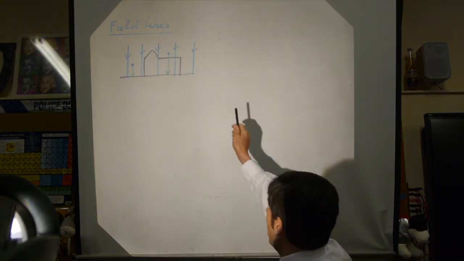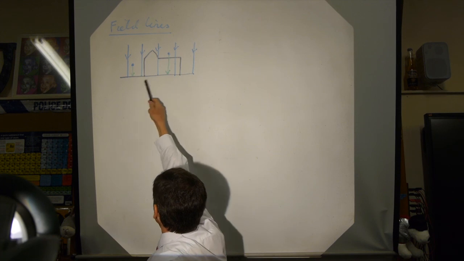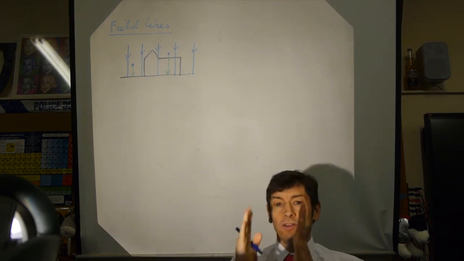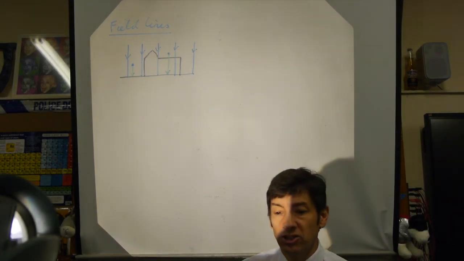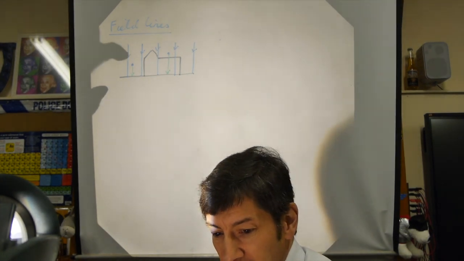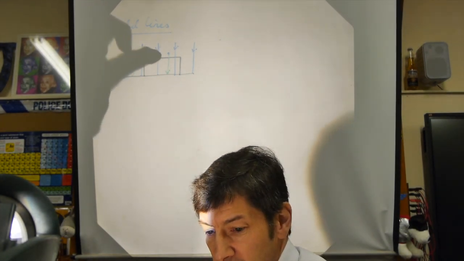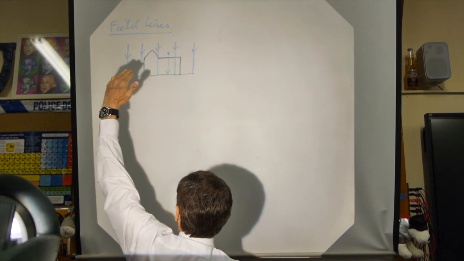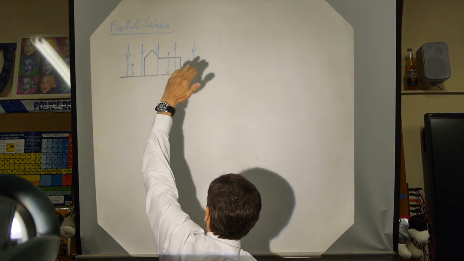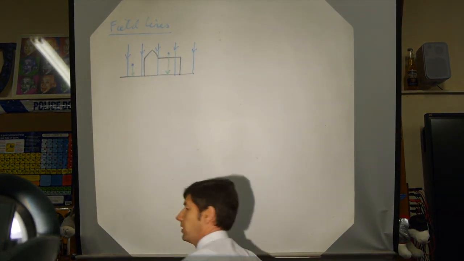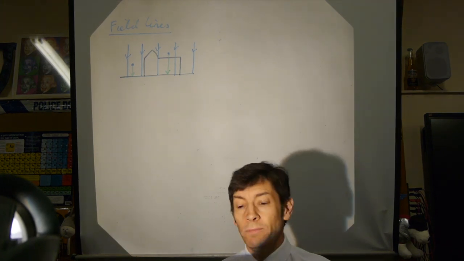I should have drawn this a little bit more accurately, but the field lines are the same separation. So if you travel across here, every meter you travel across, you travel through the same number of field lines. So it's a uniform field.